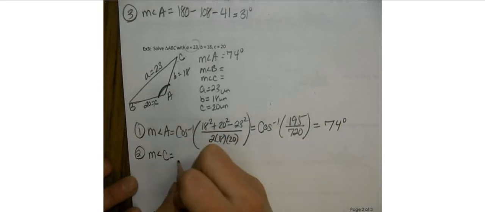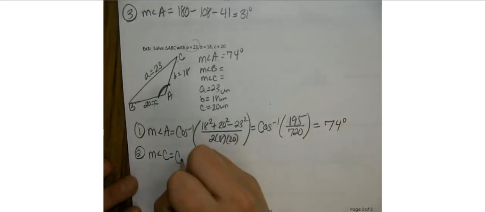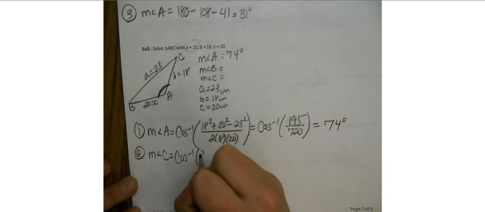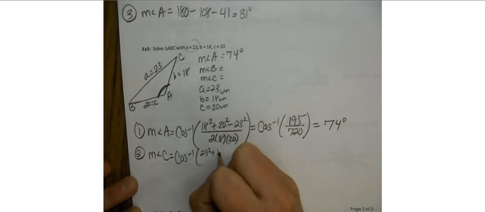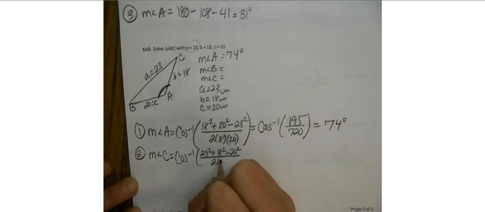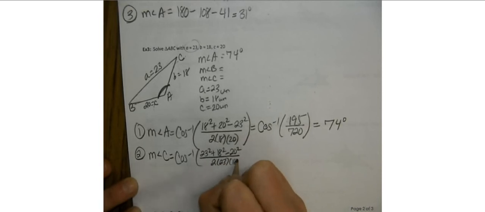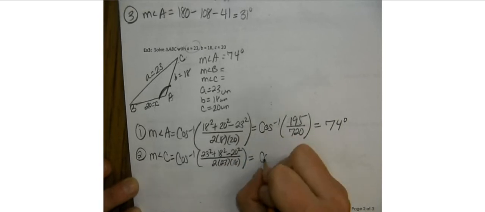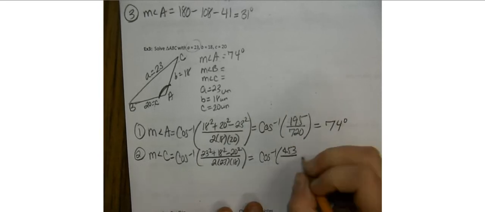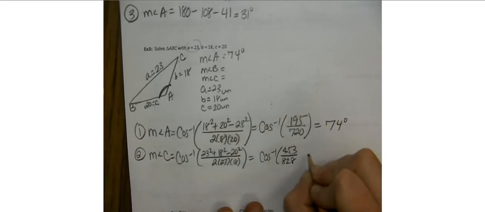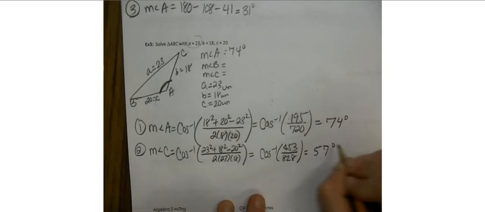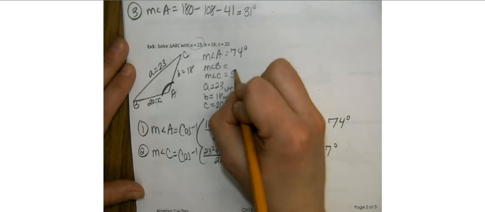You can work with the law of sines, that's not a big deal, but I'm just going to write the cosine inverse of my other two sides, which are going to be 23 squared plus 18 squared minus 20 squared divided by 2 times 23 times 18. And so that's going to be the cosine inverse of 453 divided by 828. And when you take the cosine inverse of that fraction, you're going to end up with 57 degrees. So we know that the measure of angle C is 57 degrees.